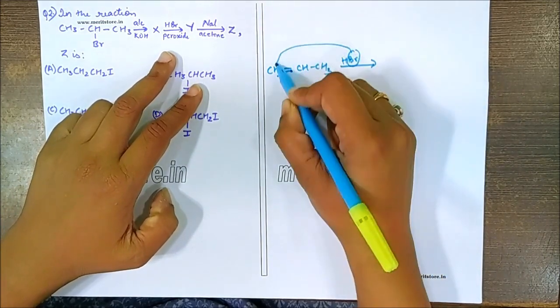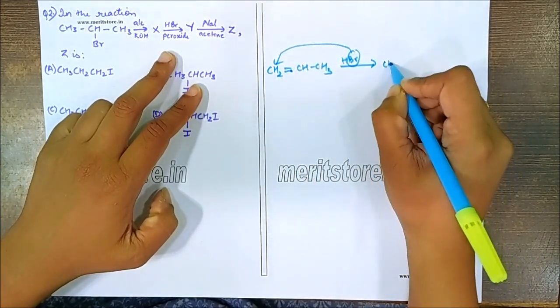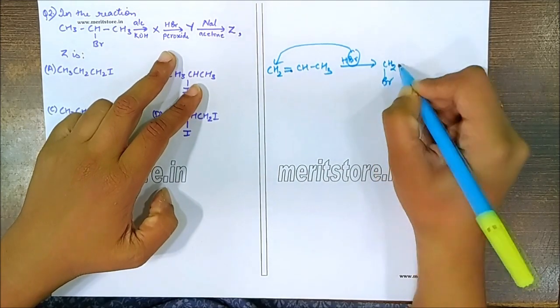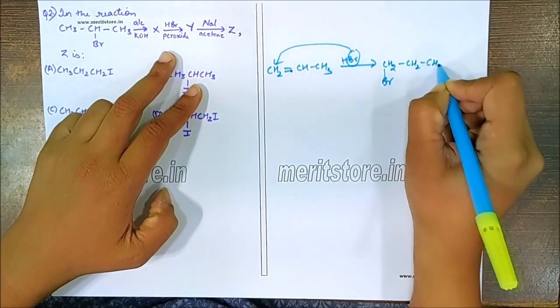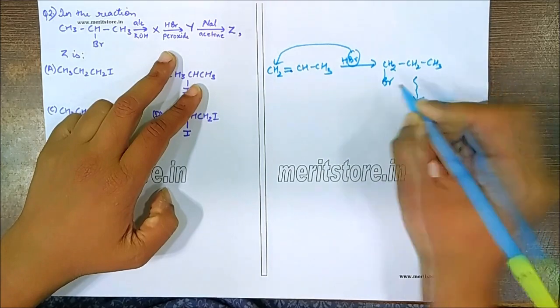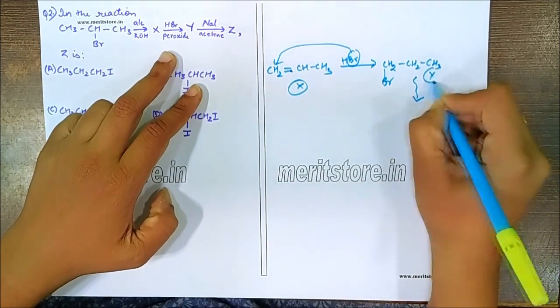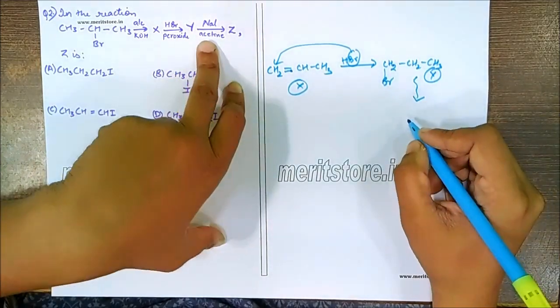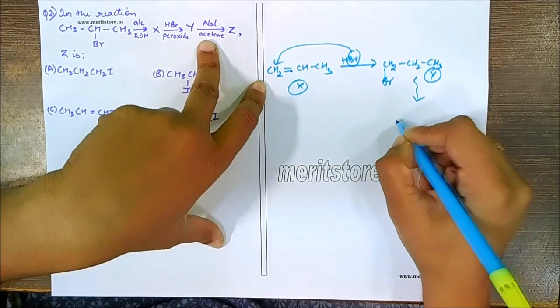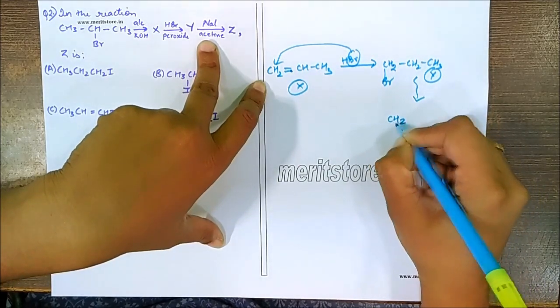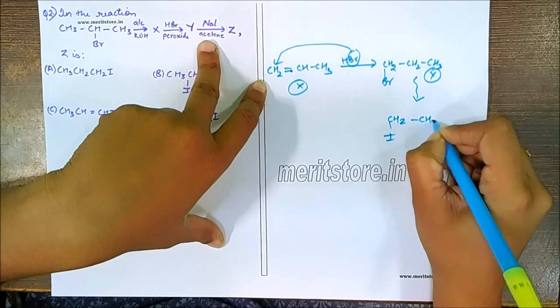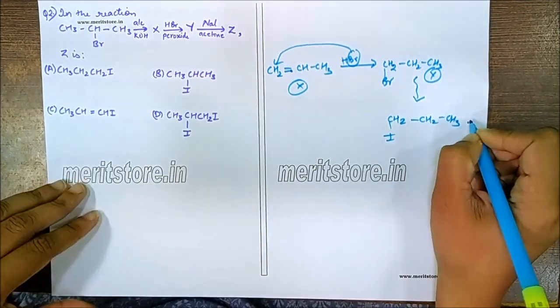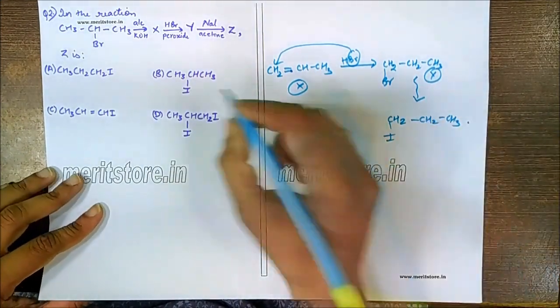So Br will go to the terminal carbon and we'll get CH2Br-CH2-CH3. This is our X compound, this is our Y compound, and further on treatment with NaI, this is the Finkelstein reaction where bromine will be replaced by iodine. So our product for the reaction is option A.